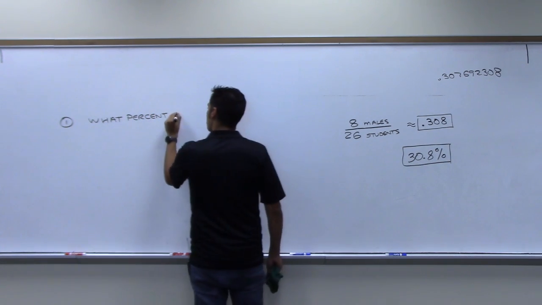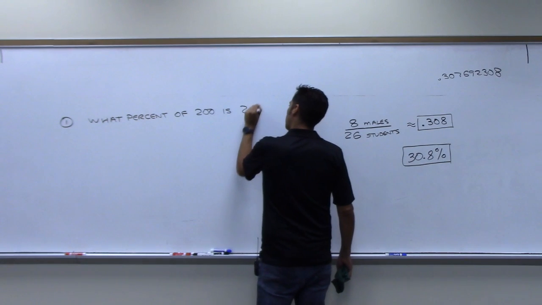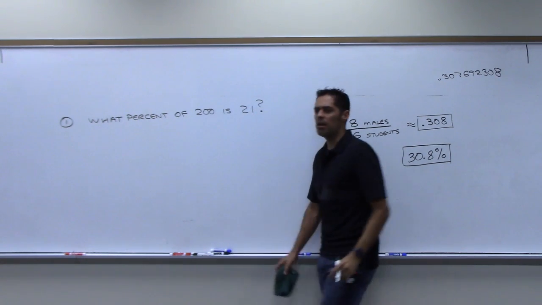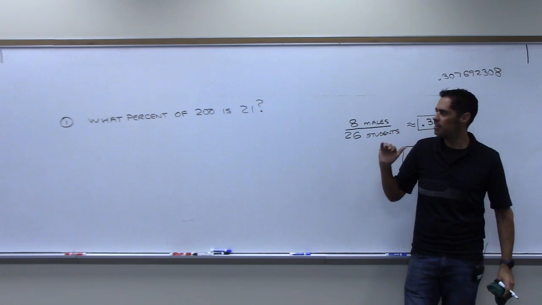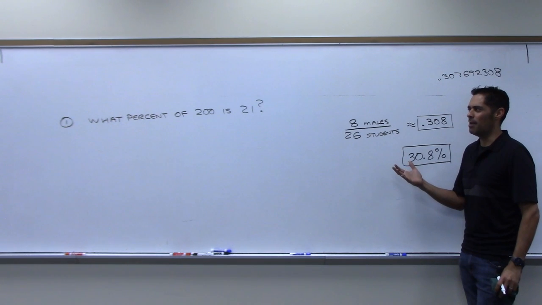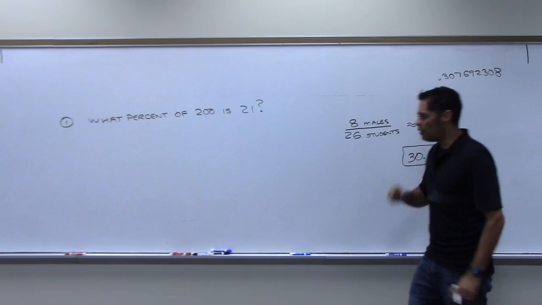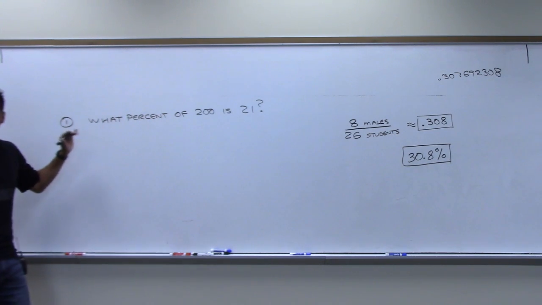That's just a weird sentence. Do you agree that doesn't roll off the tongue very easy? What are they talking about? So there is a standard way that we are going to approach these word problems.